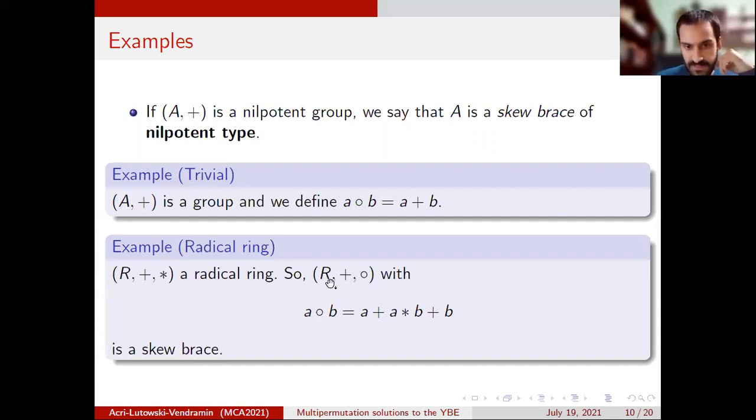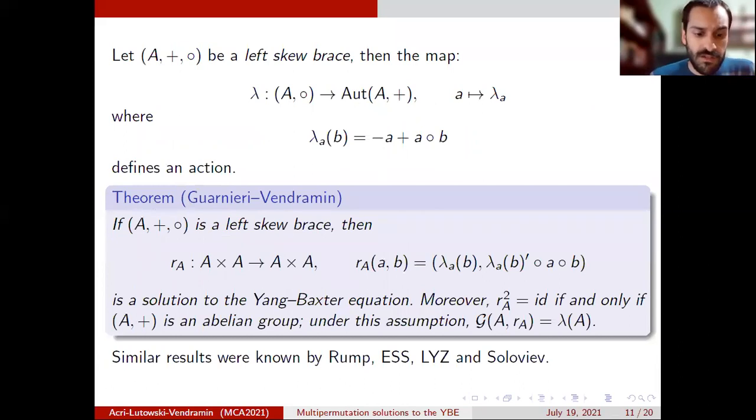So this set R with the addition of the ring and this circle operation is a skew brace. For any given skew brace, we have this lambda map that defines an action of the multiplicative structure over the additive group, and it is given by this formula here.